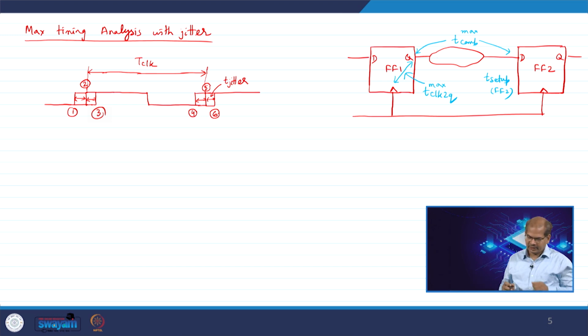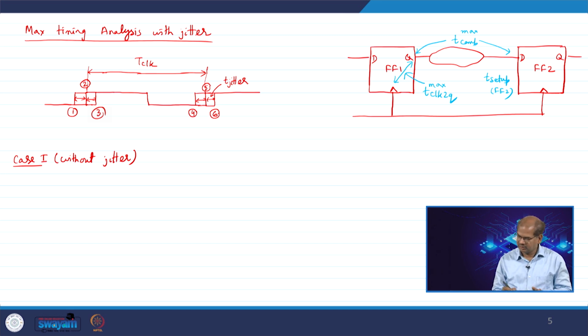So, now I have 2 cases. Case 1, without jitter. In the case without jitter, I have to consider only edge 2.